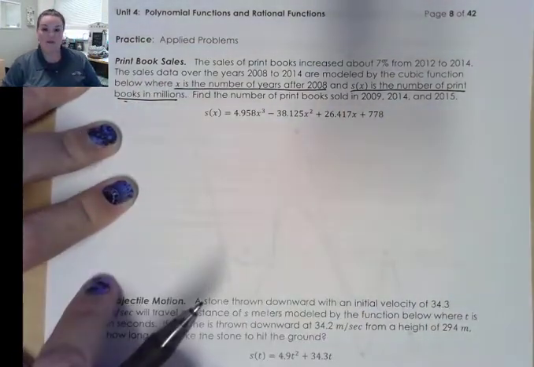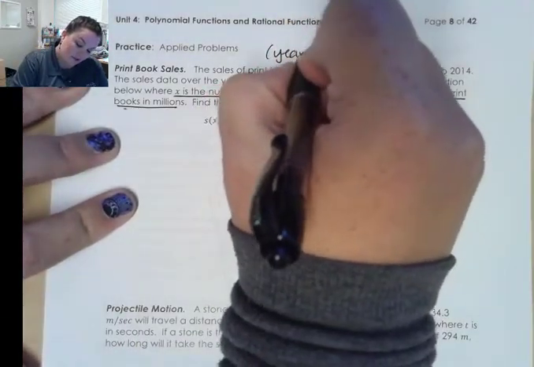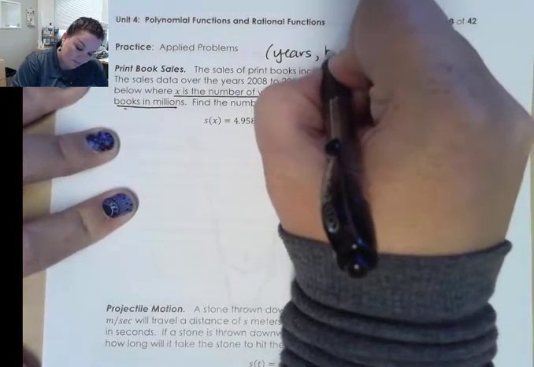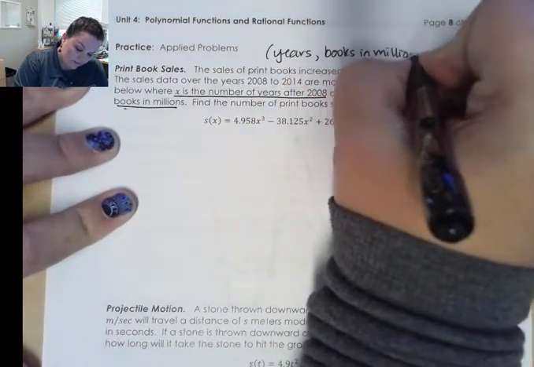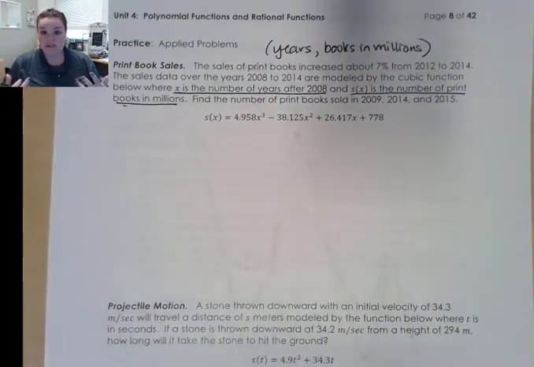So they're telling us what this function represents. We're plugging in the number of years after 2008, and it's telling us the number of books in millions. Now that we know what it represents, let's see what it's asking us.